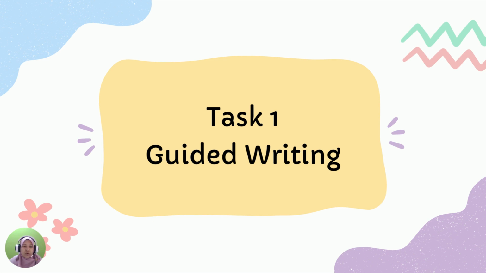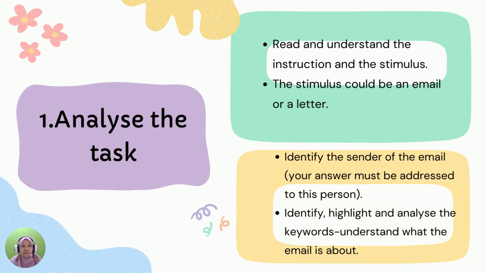Now we go one by one. For the task 1 guided writing, the first thing that you need to do is to analyze the task. Read and understand the instruction and the stimulus.